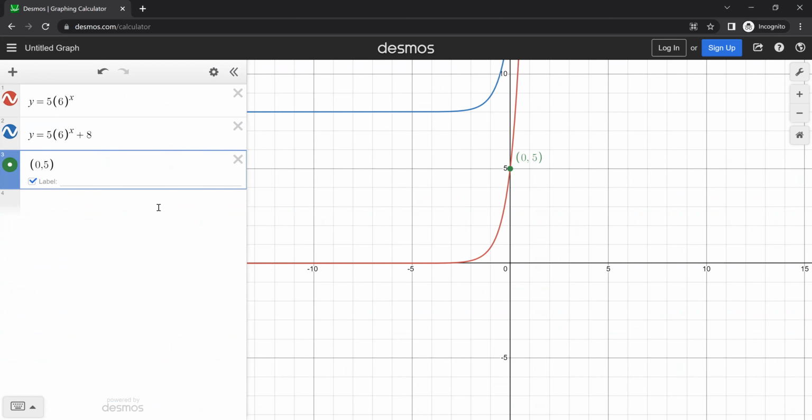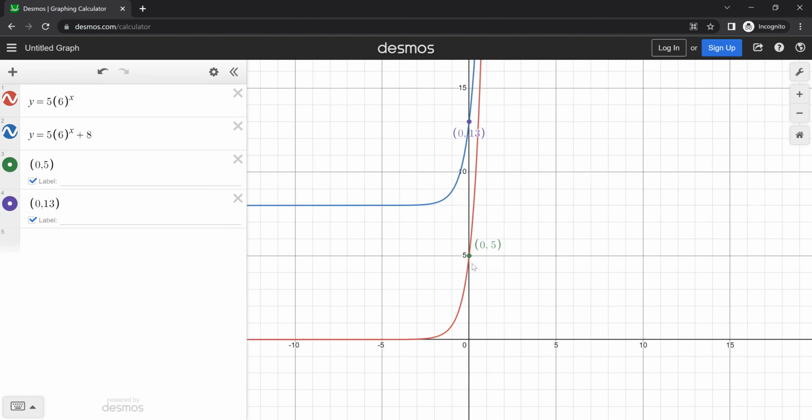And then in the other graph, you're going to see that it's 0, 13. I'm going to zoom out. You can see that 0, 5 is where the red crosses the y-axis, and 0, 13 is where the blue crosses the y-axis, and they are exactly 8 units apart. So your intuition was correct on this one.